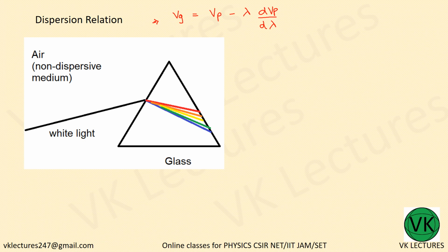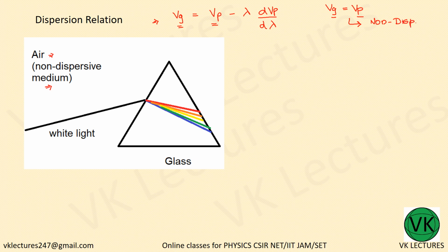Now air is called a non-dispersive medium. What do you mean by non-dispersive medium? If Vg equal to Vp, that means in any medium, if the group velocity is equal to the phase velocity, then this is called a non-dispersive medium.